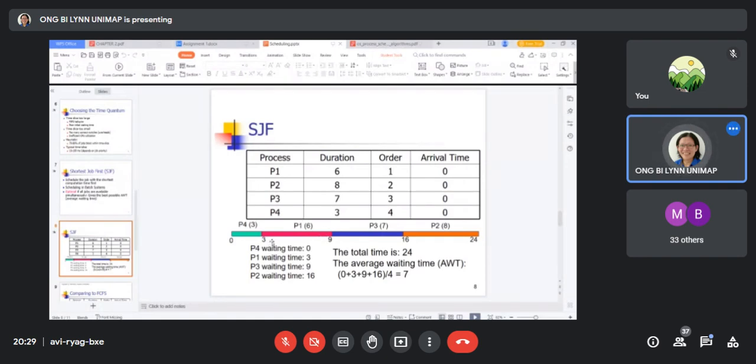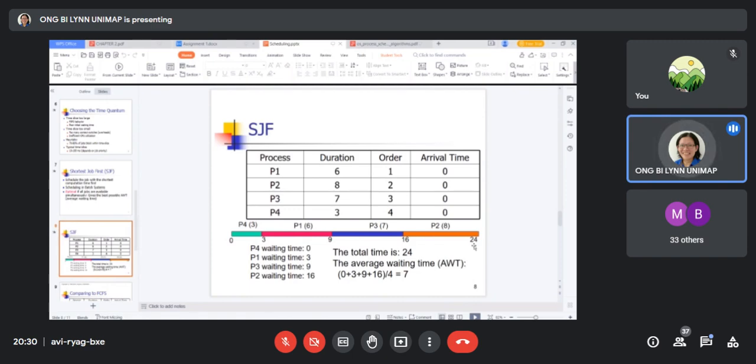P1, 6 units, so 3 plus 6 equals 9. P3, 7 units, so 9 plus 7 equals 16. P2, 8 units, so 16 plus 8 equals 24 seconds.